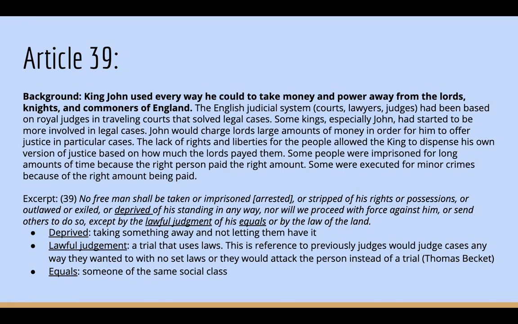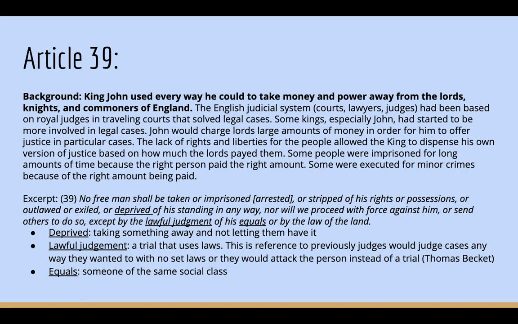So again, like you guys have done with the other 2 articles, think about the background that's presented. Think about what the excerpt is saying. Why would this be included in the Magna Carta? What is the purpose? What is this particular article trying to accomplish?